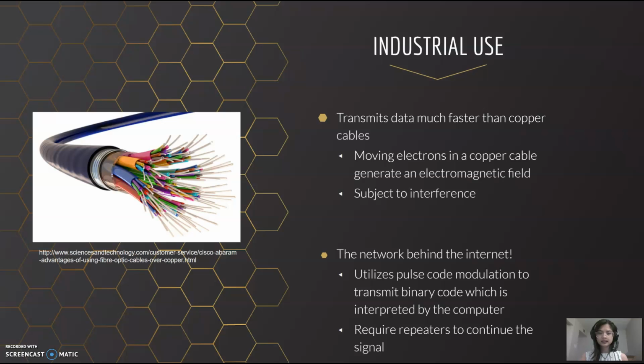And this whole network requires repeaters or amplifiers to continue the signal, because without repeaters, the light can only travel up to 100 kilometers by itself. So it needs things like amplifiers and repeaters to just continue that signal. And like I said, the optical fiber is the backbone of the entire internet.